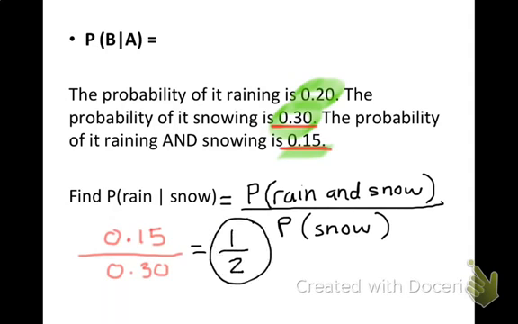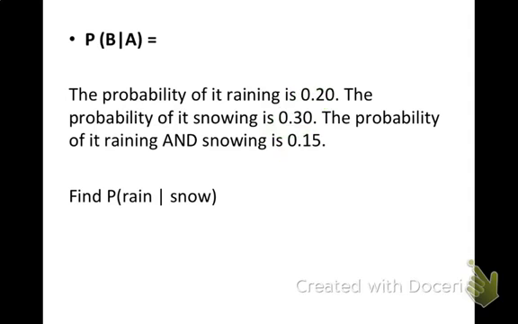Again, we have both over your given, which is last. For this next example, it's pretty similar, but we're just flipping it. We want to know the probability of it snowing given that there's rain.